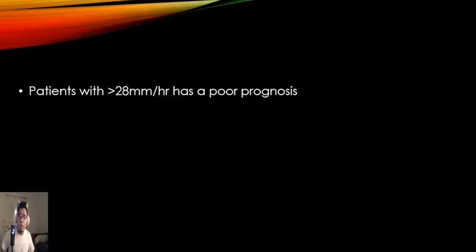But according to Daisy's book, which I read yesterday, it's still there. It's the latest edition, the 2020 edition, and it's still there. Greater than 28 millimeters per hour will have poor prognosis.